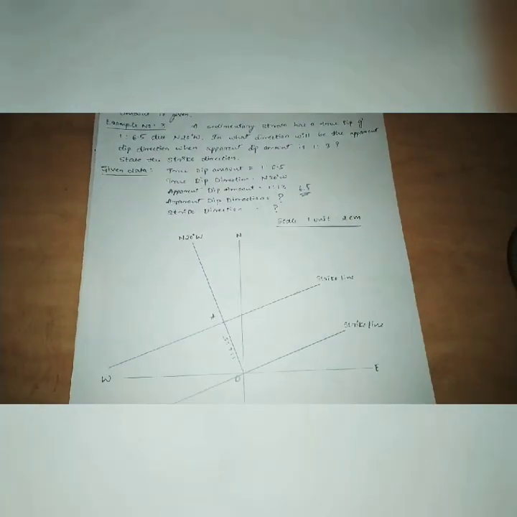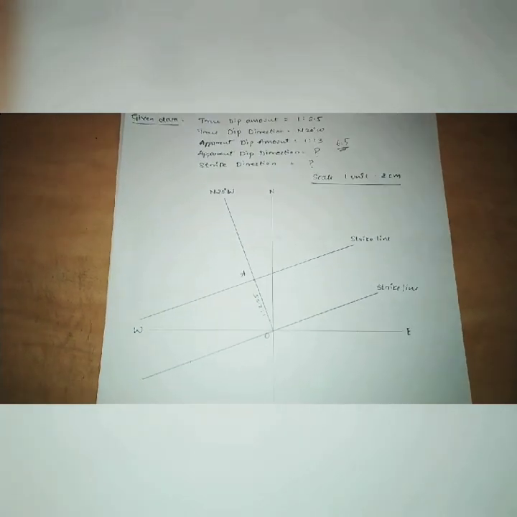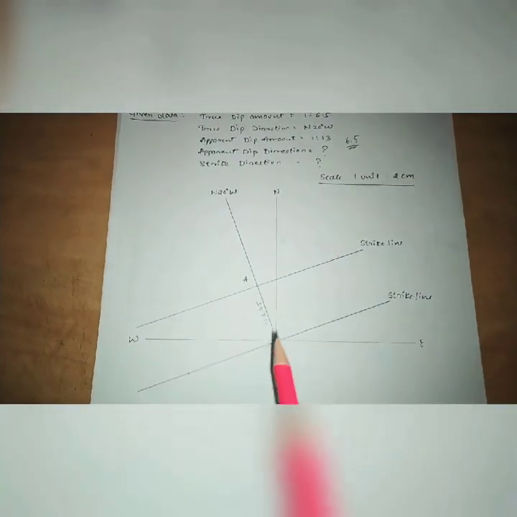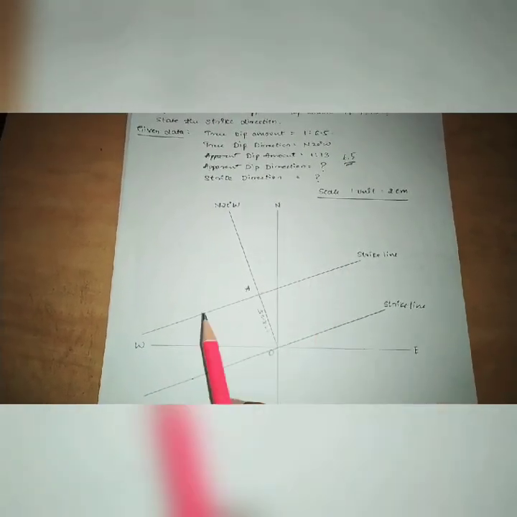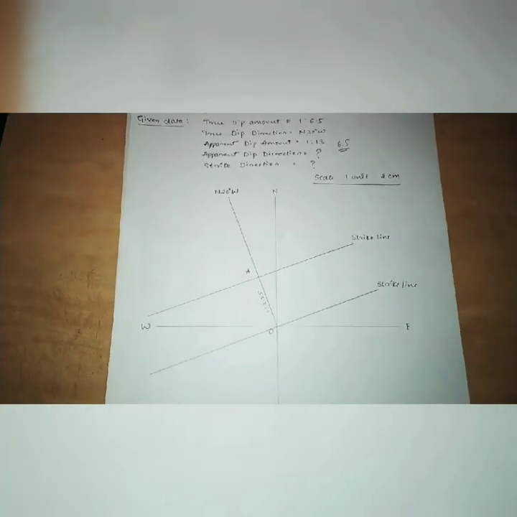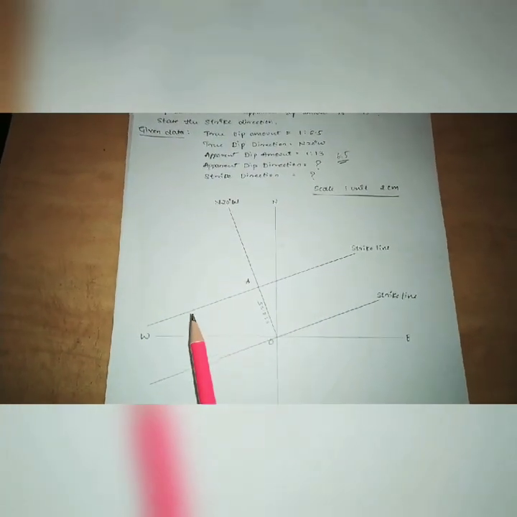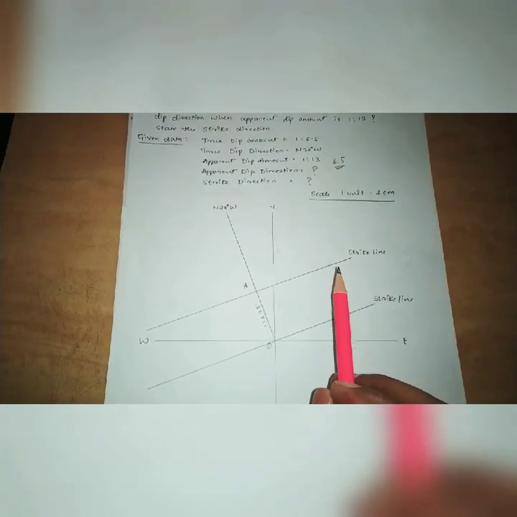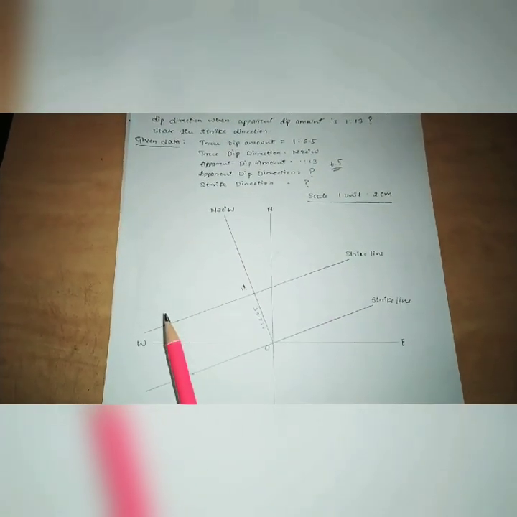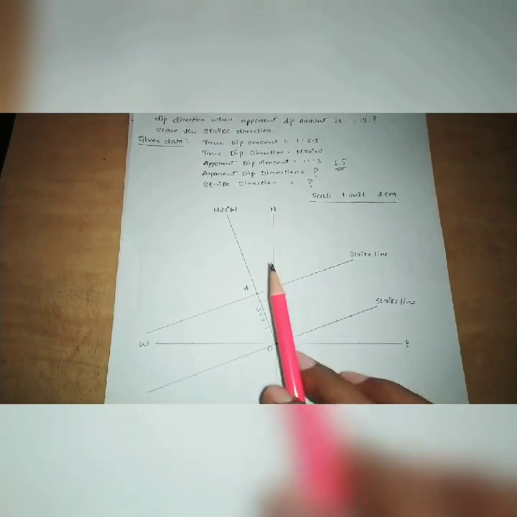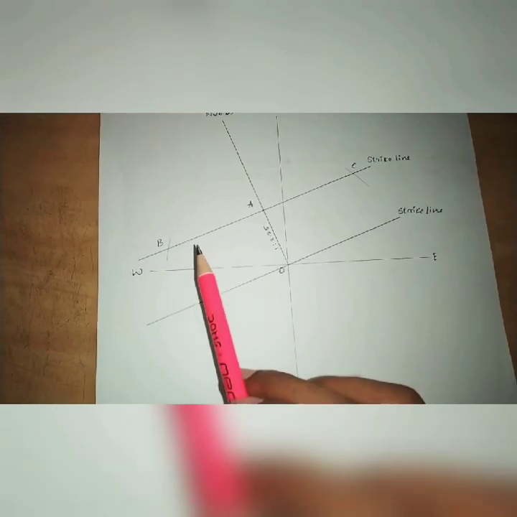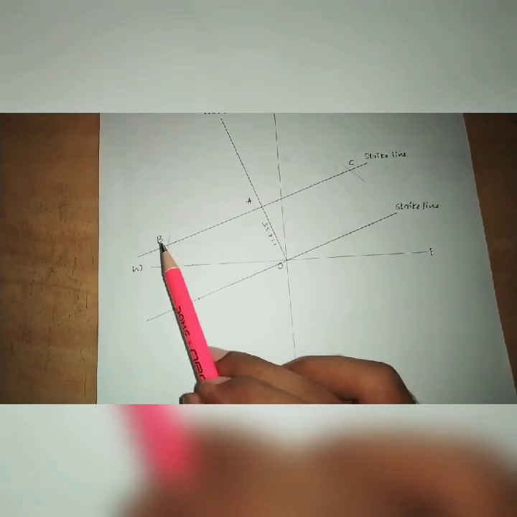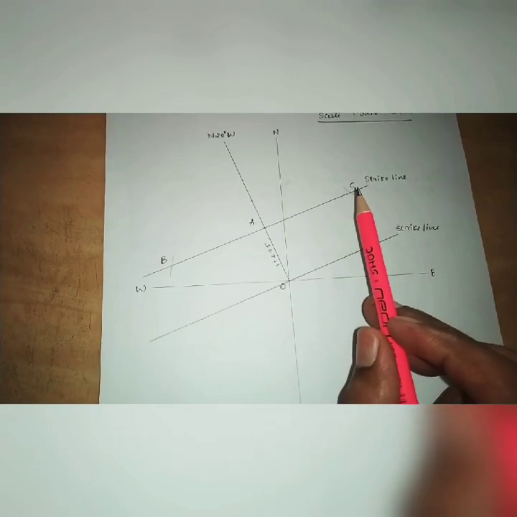So measure 6.5 centimeters on the compass and cut the strike line from the origin. Since we don't know the apparent dip direction, we cut the strike line on both sides, in both quadrants, and name the points B and C.